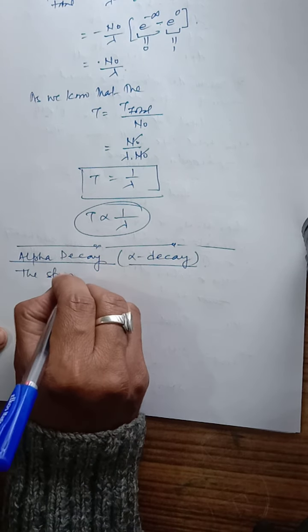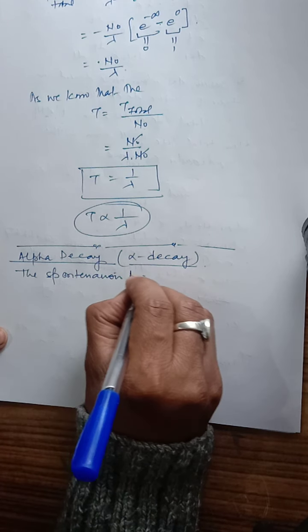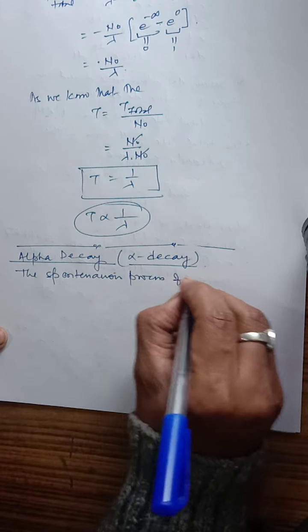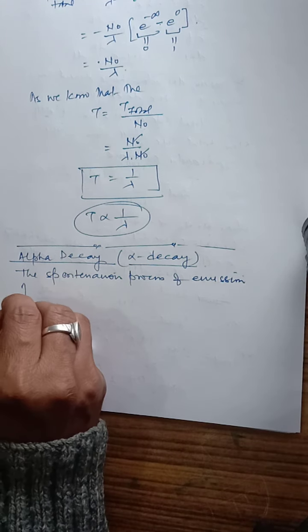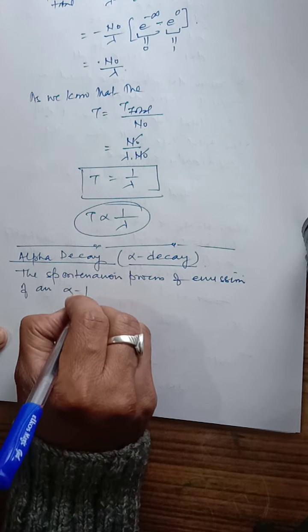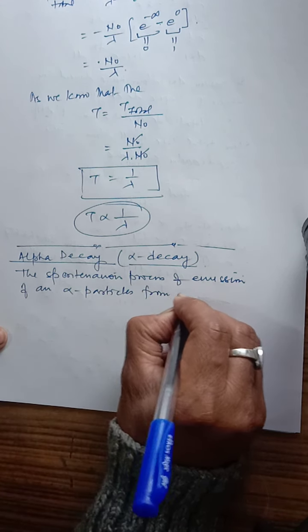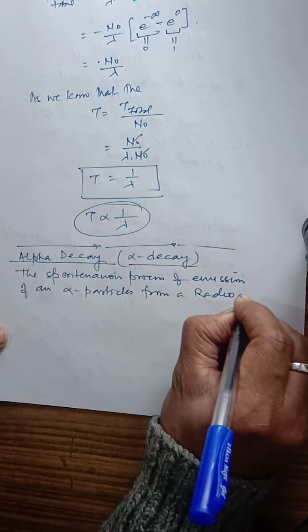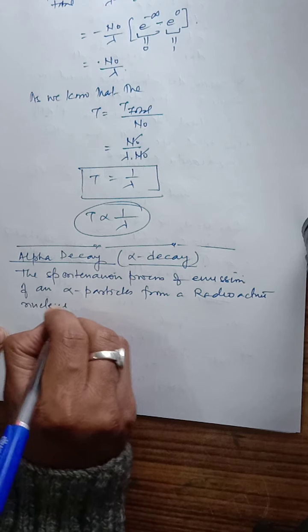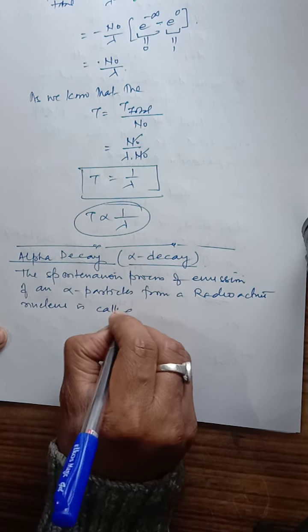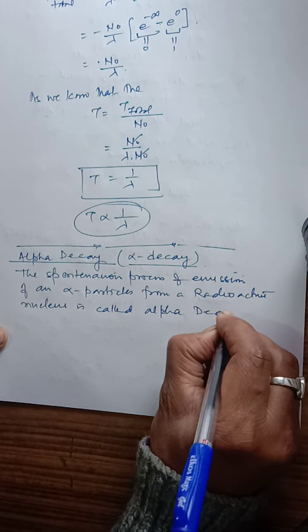The spontaneous process of emission of an alpha particle from a radioactive nucleus is called alpha decay.